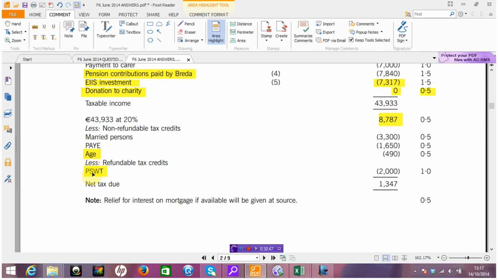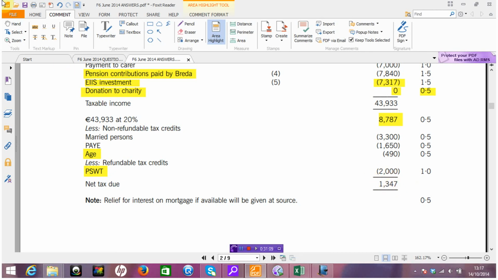And then we have the PSWT, that was the refundable tax credit in relation to the HSE work of 20%. So again, that's just deducted. So quite a few easy marks here. We simply take the tax at 20 less the relevant credits, non-refundable and refundable, and the difference is the net tax due.